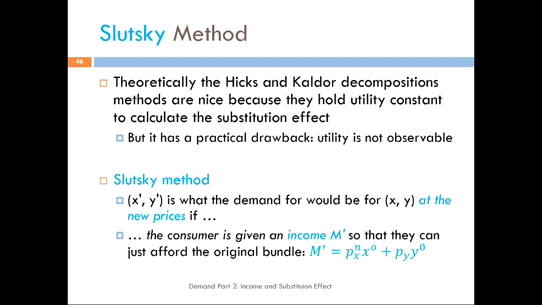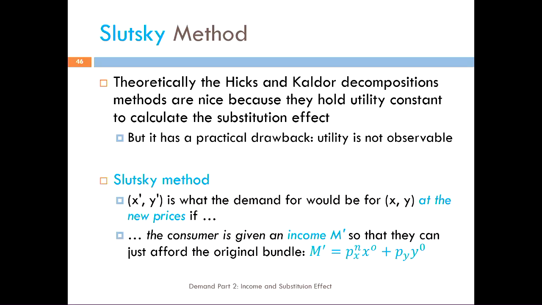So we can say, let's take this week's prices, the new prices, right? But take last week's demands, the old demands, right? So ask yourself, all right, that original quantity demanded, but at the new prices, how much income would the consumer need in order to buy the bundle they bought last week, but at the new prices?